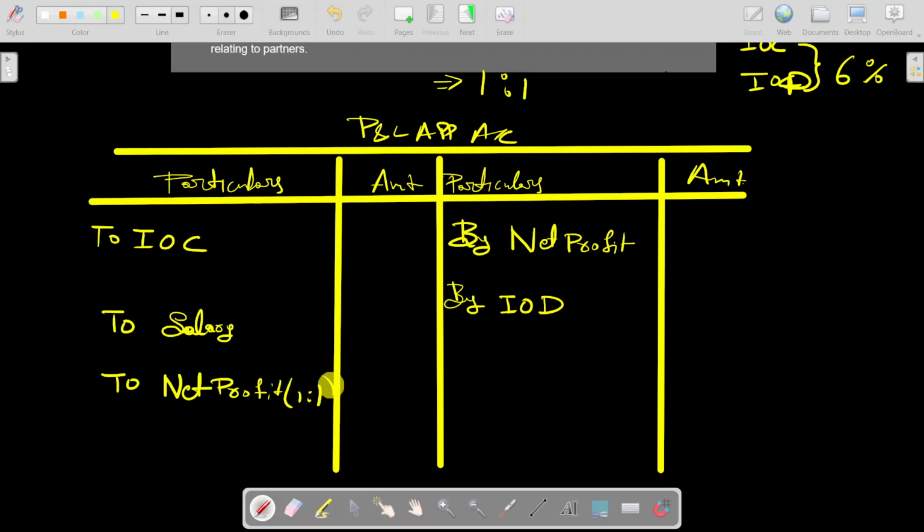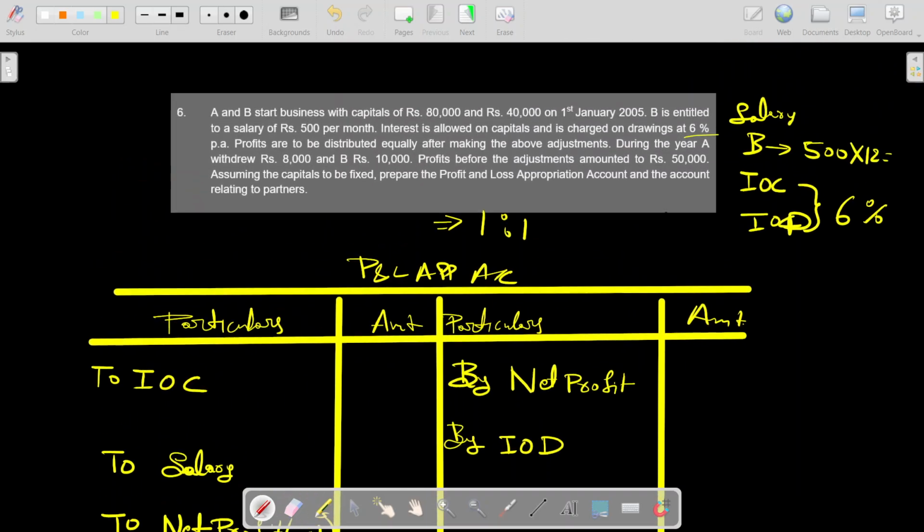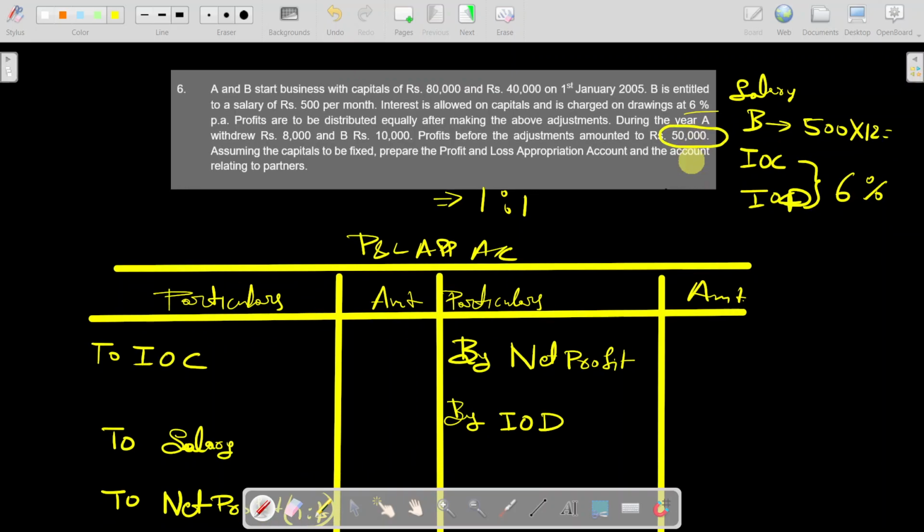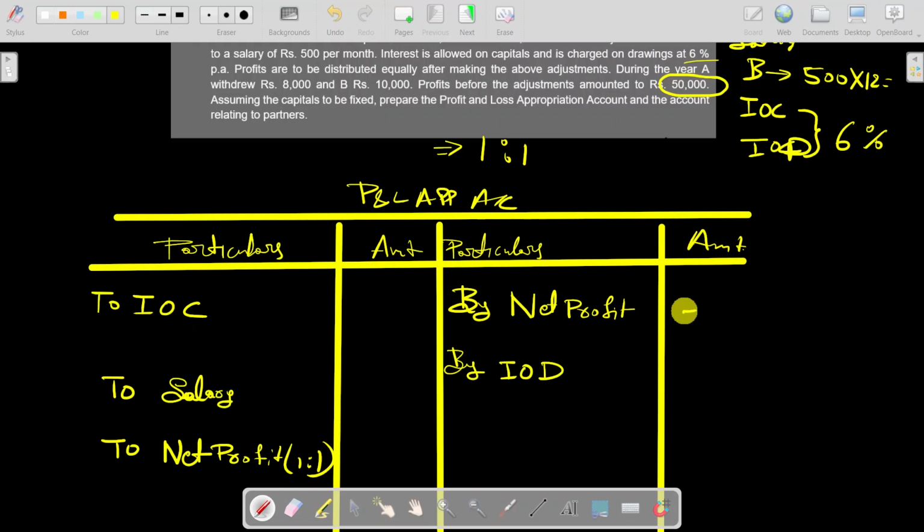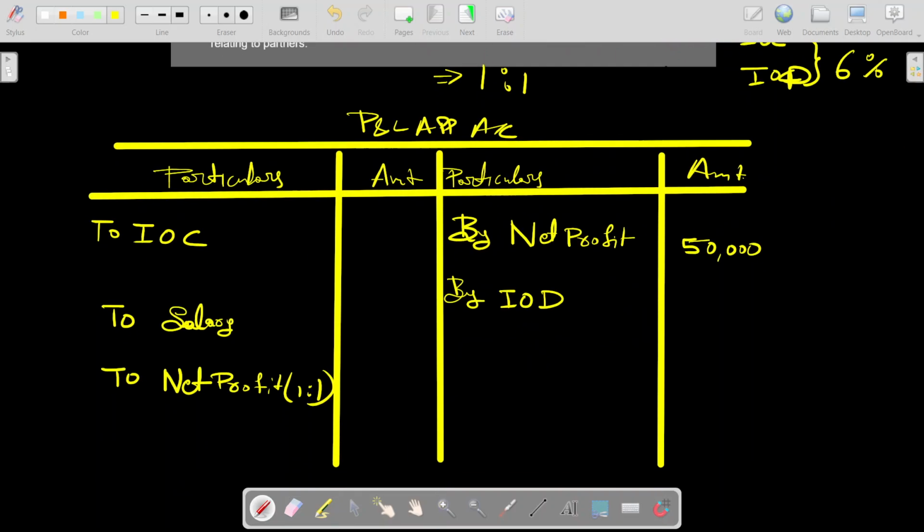So how much net profit we have? Net profit is 50,000 and interest on drawings is 6%. So how much drawings do they have?